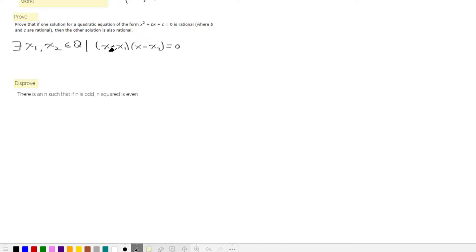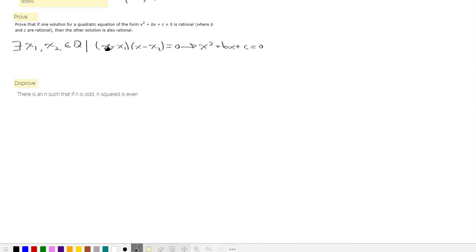If I let x equal x1, then this term is equal to 0 and the product is equal to 0. Or if x is equal to x2, then this term is equal to 0, therefore the product is equal to 0. So we say that x1 and x2 are roots of this equation. And we know that our quadratic in standard form is this. It's also equal to 0.